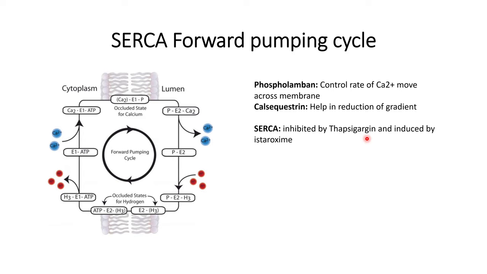With this, the normal function of the sarcoplasmic lumen is affected, which results in the generation of ER stress, and that can be monitored by various signals. Some of them are the ATF4 signal, the ATF6 signal, and the third one is the XBP1 signal, which we have already covered in the ER stress video.